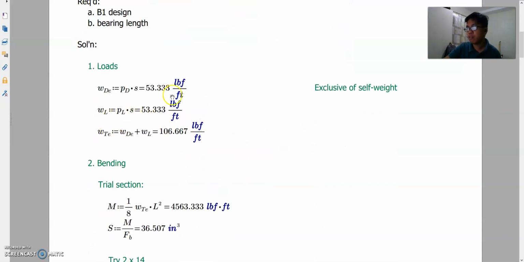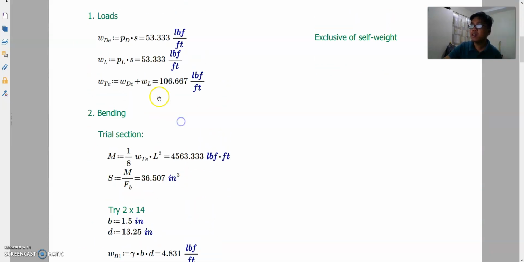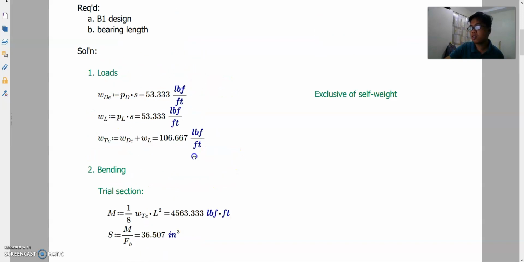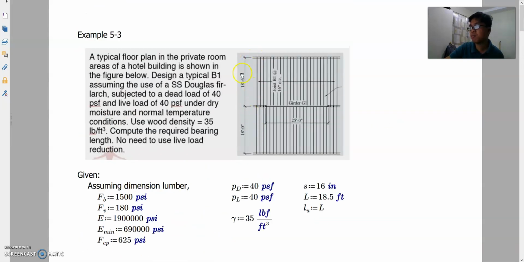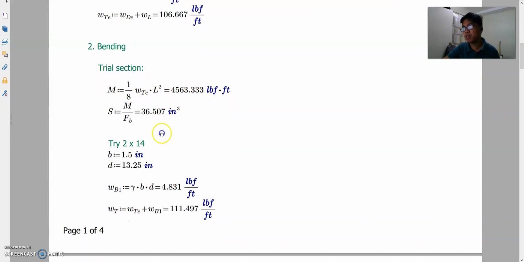And then same thing with the live load, and so we have a total load of 106.667 pounds per feet. And from that, we get our moment. And since this is, or assuming that this is a simply supported beam, we have 1/8 WL squared. And then we have 4,563 pound-feet.